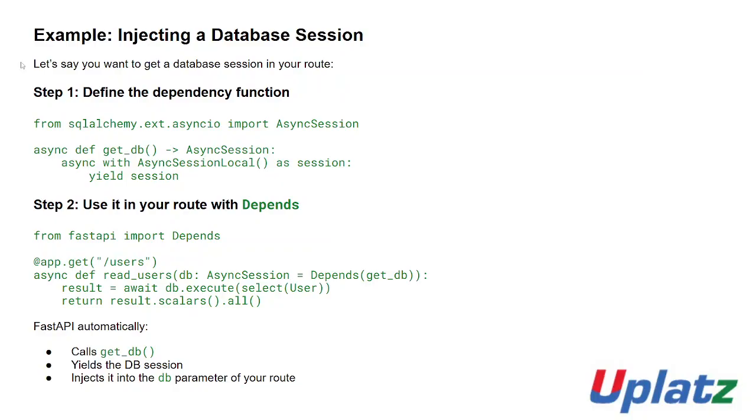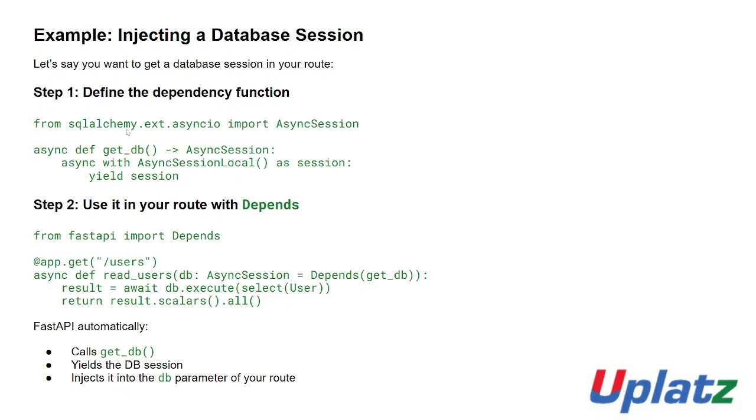Next, example, injecting a database session. Let's say you want to get a database session in your route. Step 1, define the dependency function.